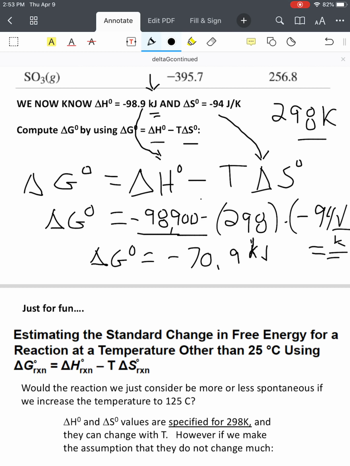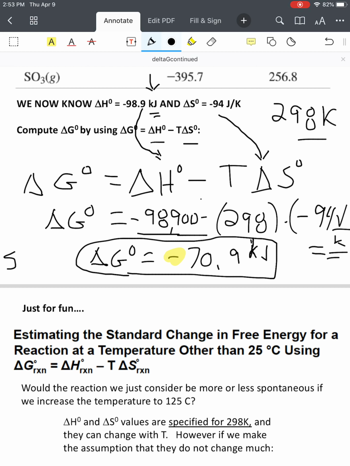Now, that's my answer. And of course, the key bit of information here is this negative sign, isn't it? It's a negative 70.9 kilojoules for my delta G0 reaction.